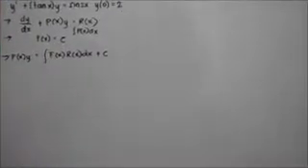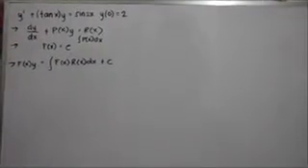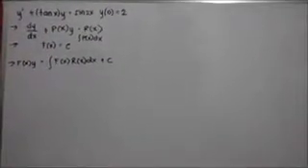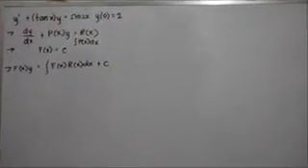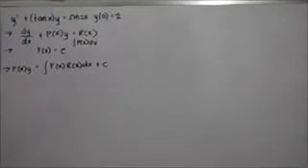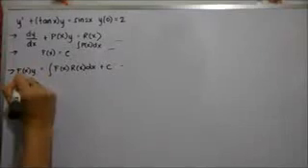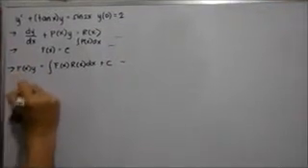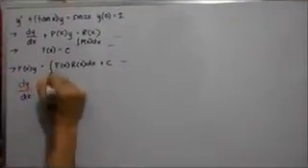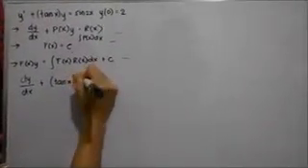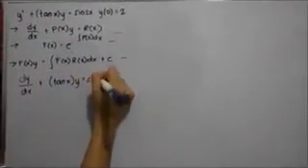Third given equation is y prime plus tangent of x times y equals sine of 2x, where y is equal to 2 and x is equal to 0. So in a linear form of differential equation, we need to follow this standard form. So dy over dx plus tangent of x times y is equal to sine 2x.